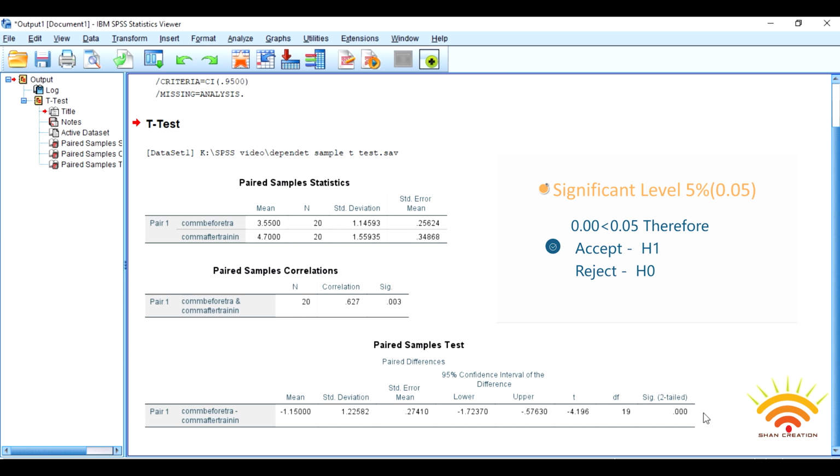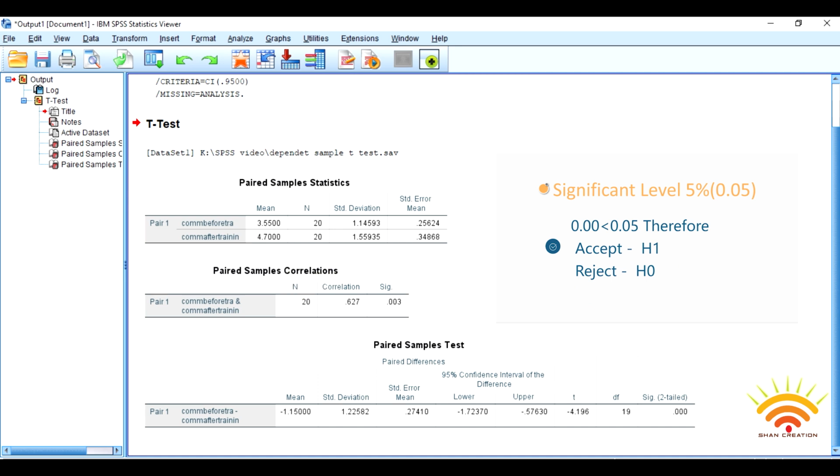There is a difference in commitment between time 1 and time 2. It means training increases the commitment of the employees, because before training the commitment was 3.5 and after training it is 4.7. So the training works and the commitment has improved.